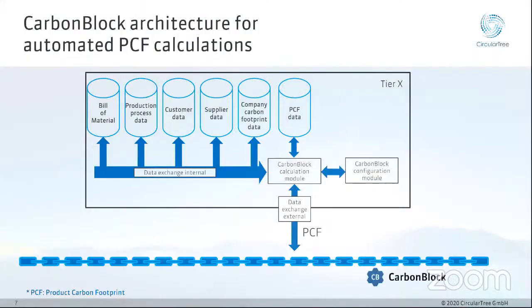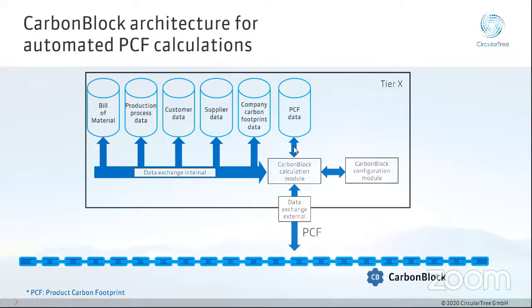A little bit more in detail, what's important about the solution is that you need to automate this because companies have way too many products in order to manually calculate this. So you need an architecture where you can have databases providing, for example, the bill of material and production process data.